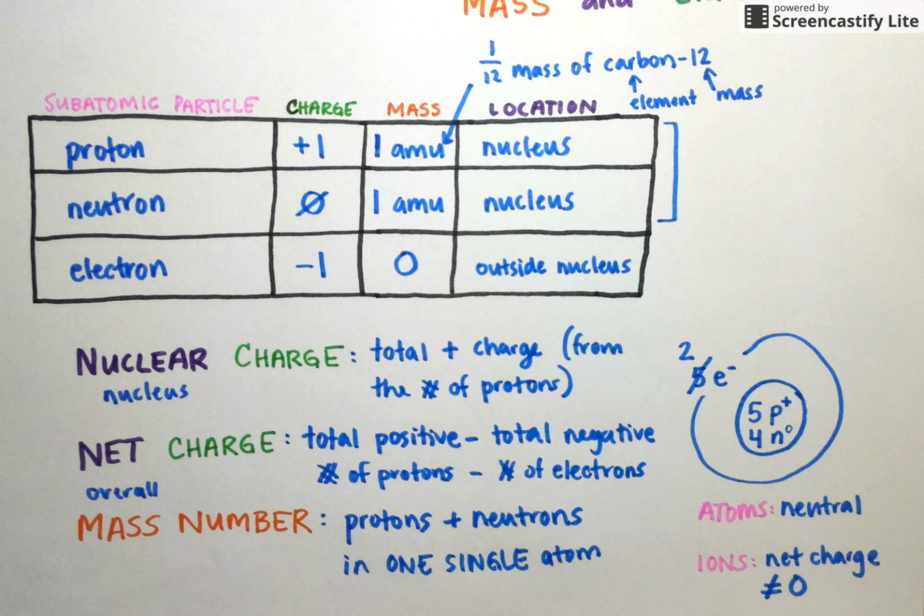Last but not least is this idea of how mass plays into things. When we talk about an individual atom, we can talk about how much it weighs in atomic mass units, and we call that mass its mass number. So this is how much a single atom weighs. And we know that all that mass is going to come from our protons and our neutrons.